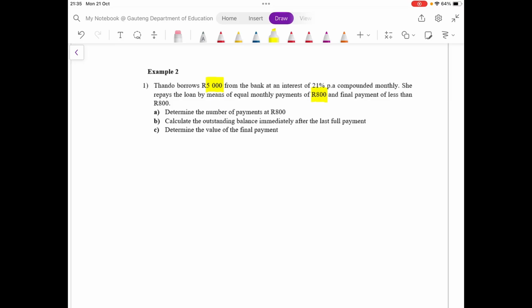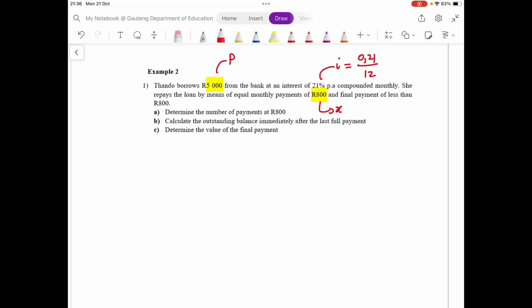Now, what is it that we have? We have our P, the loan amount. We have our X, equal payments. We also have our I, the interest, which is 0.21 if I divide this by 100. And because it is compounded monthly, it will be over 12.